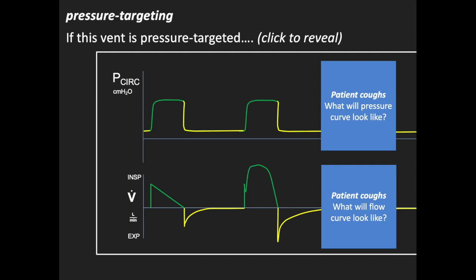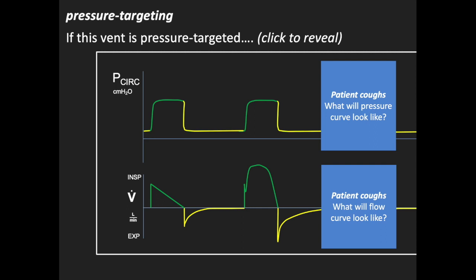You can imagine that that's a lot more comfortable than the ventilator not caring that the patient wants to breathe in and just limiting inspiratory flow. Instead, in this pressure targeted mode, when the patient tries to take a big deep breath in, the ventilator provides that increase in inspiratory flow that the patient is essentially asking for.